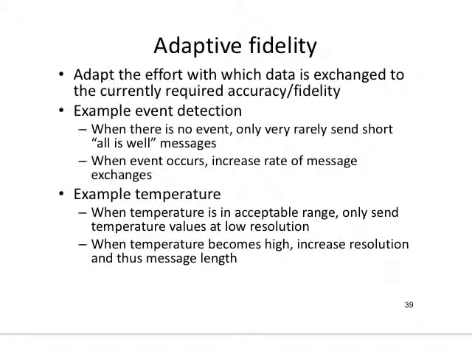Once I find that there is a probability that this person might be having an adverse event, then I will inform the sensors, or the sensors maybe will detect that on their own, to say, okay, we need to increase the sampling rate now, we need to process things locally to make sure whether this person, he or she, has a seizure or not. So I will increase the sampling rate in that case, and I will have to do the processing to make sure whether this person is having any adverse event or not.